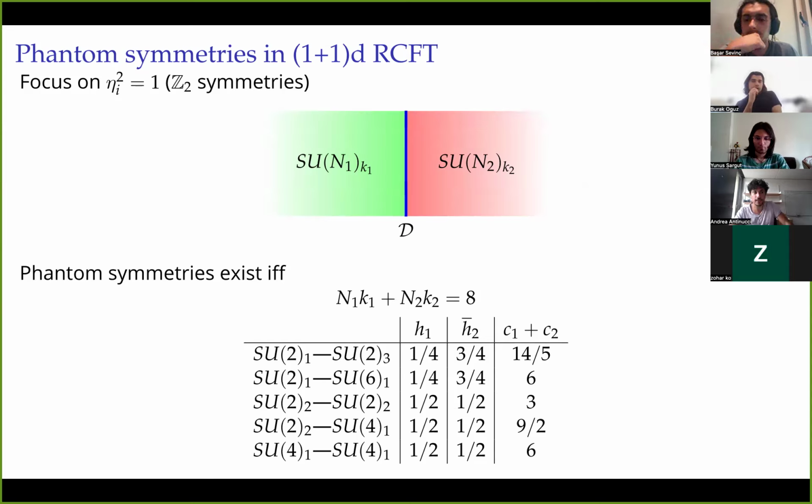These examples that we explored are only with Z2 lines, and we focused on Z2 lines just because we wanted to focus on the simplest case where the current algebra is a U(1) current algebra. But if you focus on more general lines that are not Z2, then you're forced to get a non-abelian current algebra.